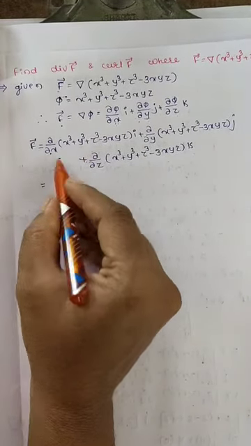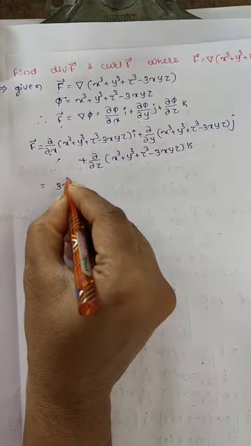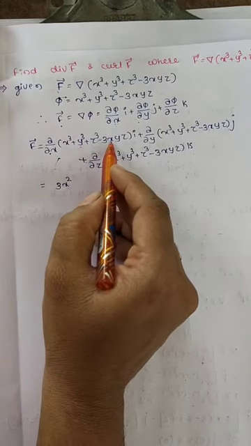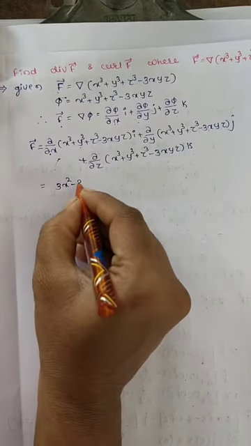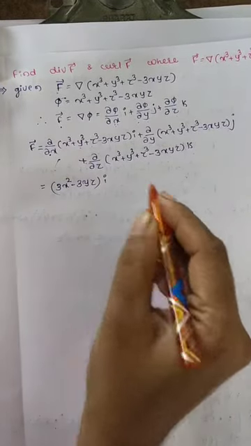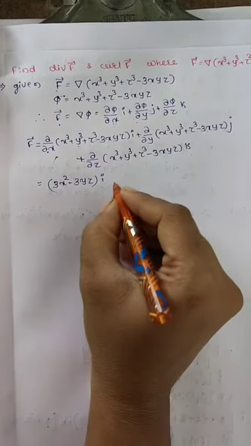Now we have to differentiate this one. Differentiate with respect to x. y and z are the constants here. 3x², y³ becomes 0, z³ becomes 0. Here x becomes a 1. The remaining is 3yz, a multiplying term, that's why x becomes a 1. Remaining are the constants, keep as it is.